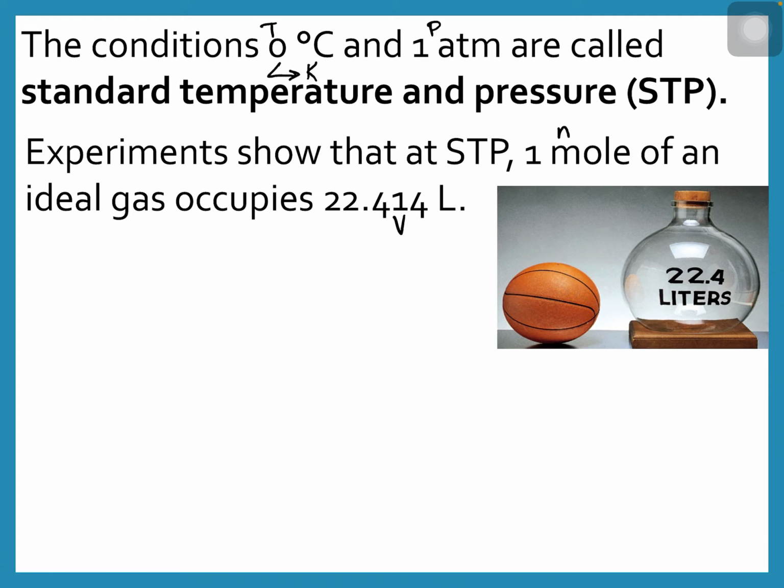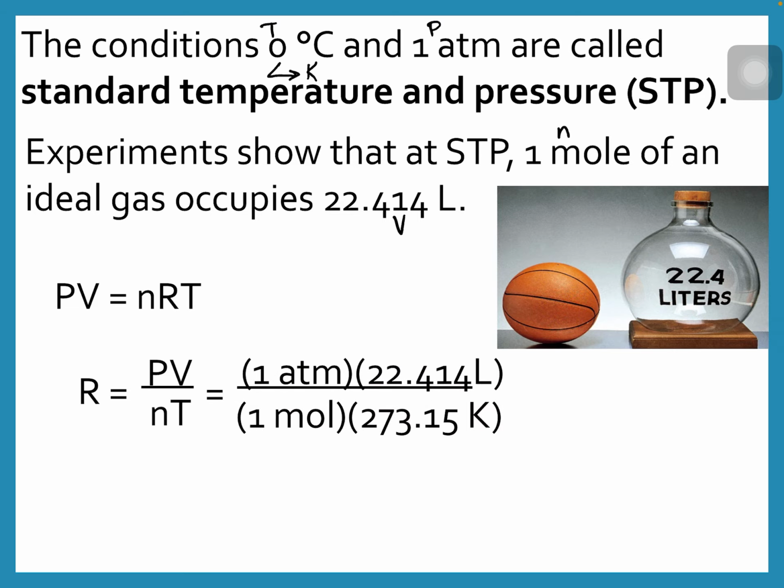So I've got pressure, volume, number of moles, and temperature. So the only thing I'm missing is R, the gas constant. So I can actually calculate that from this. So R, to isolate that, I'm going to divide by n and T to move those over to the other side.